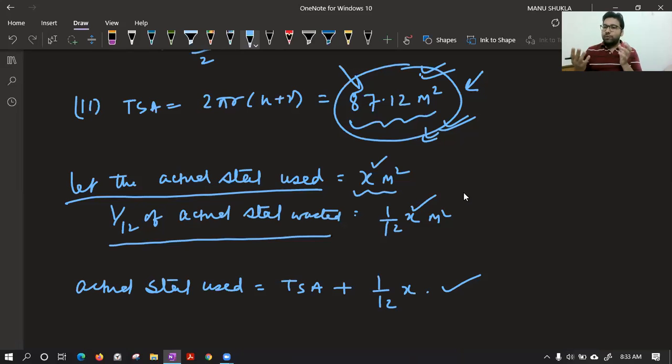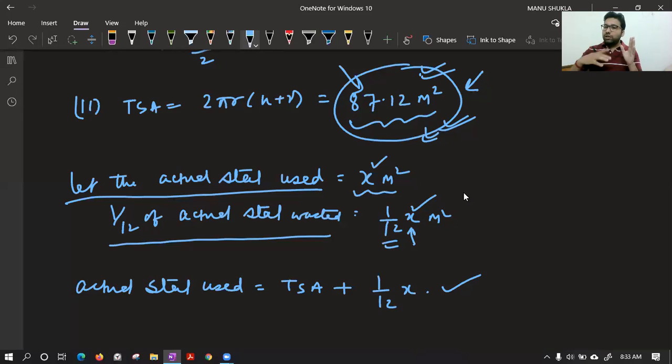1 by 12 of actual steel is wasted. We know by BODMAS, of means multiply. So 1 by 12 of actual steel is wasted. So if I have purchased 12 meter square of steel, how much is wasted? Please tell. If I have purchased 12 meter squares of steel to make this cylinder, how much was wasted?